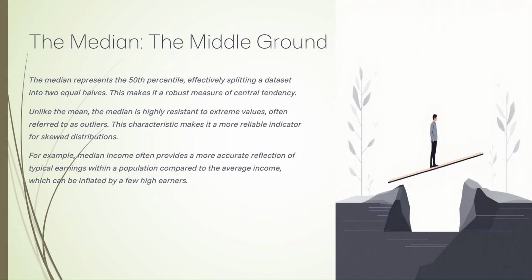Since the median is not affected by extreme values, it is widely used in the analysis of skewed data. Before proceeding further, it is useful to briefly refresh this concept as it forms the basis for understanding other measures of location.